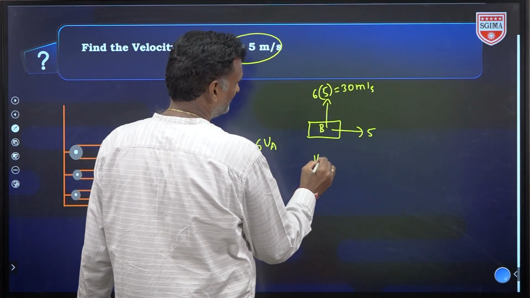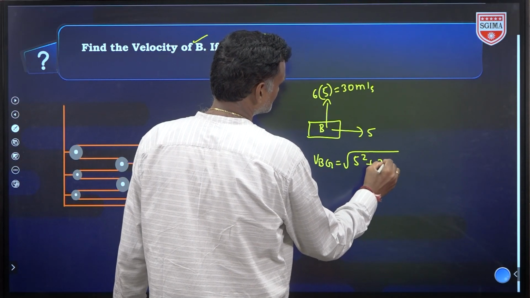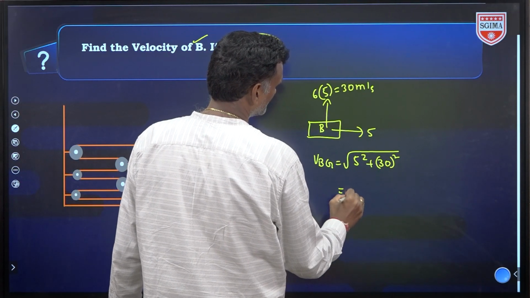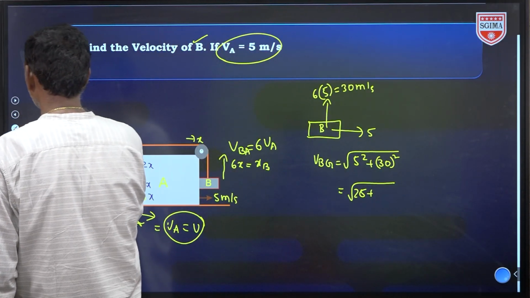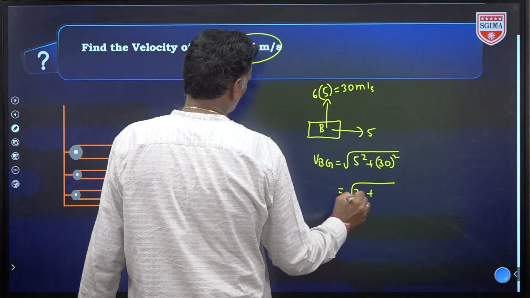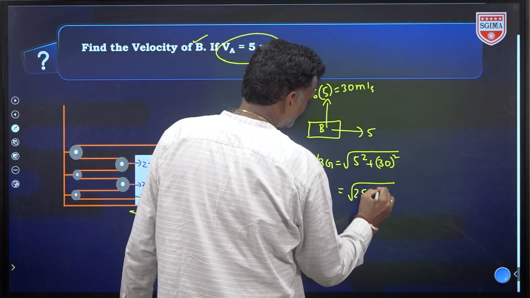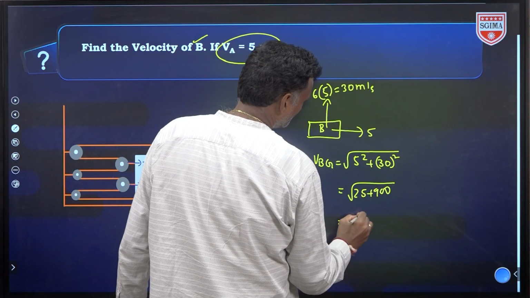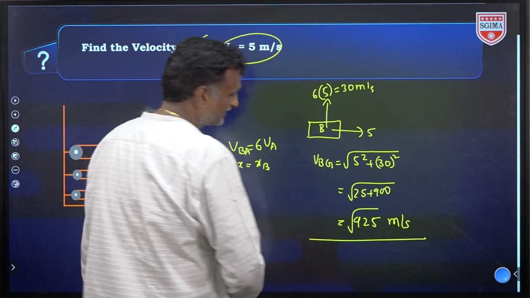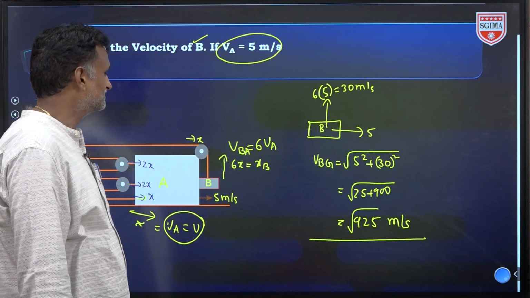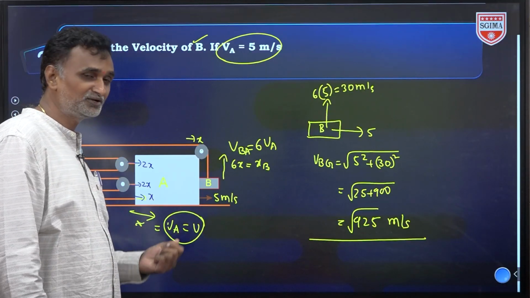So then VBG is equal to root of 5 square plus 30 square, 25 plus 900, which is root 925 meter per second. Okay? So this is the way we can solve velocity of B block with respect to ground.